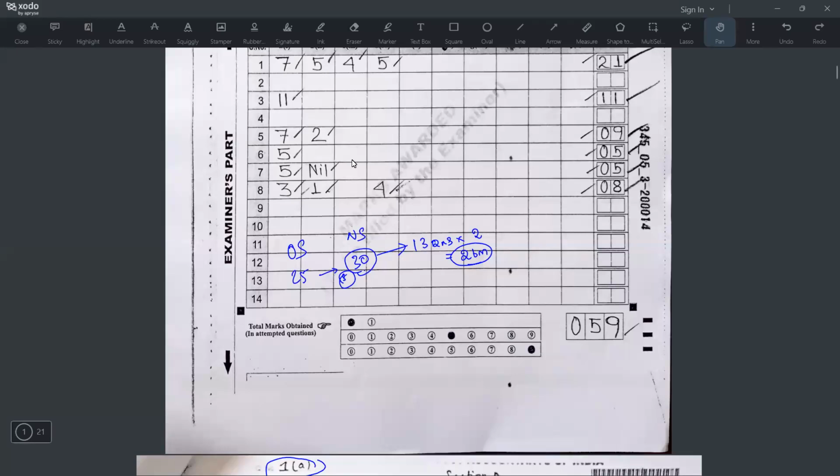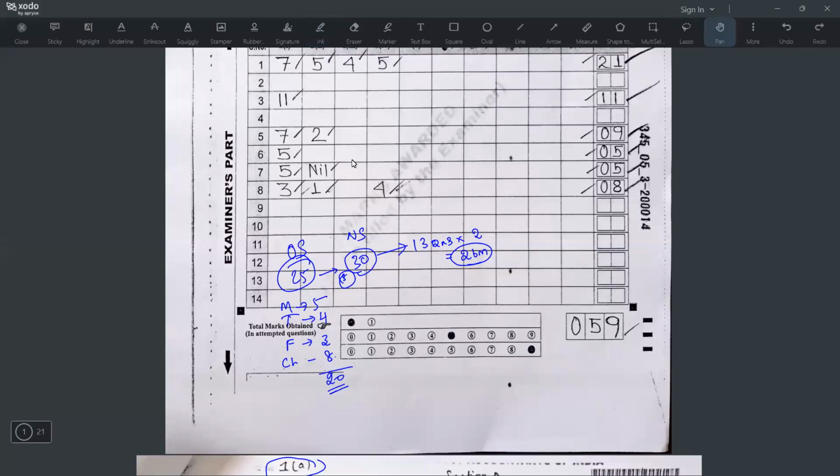And the one thing I want to tell all syllabus students: match the following, you can get 5 marks. True or false, maximum you can score 4 marks. Fill in the blanks, maximum you can score 3 marks. Choose the best answer, maximum you can score 8 marks. If you do it in such a way, you will surely get 20 marks. Minimum 20 should be the target.